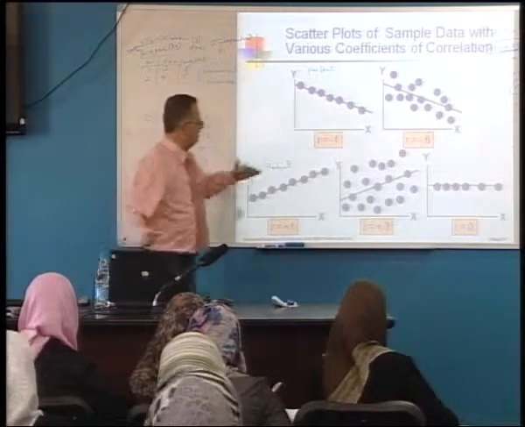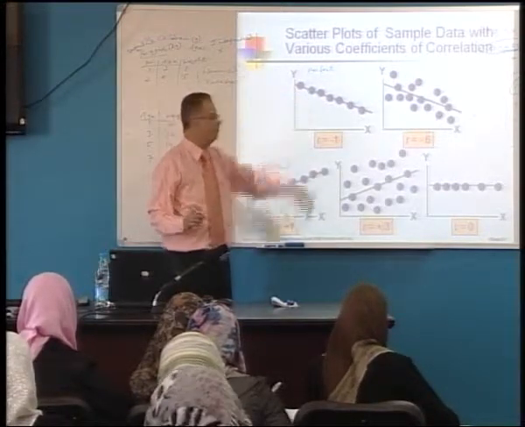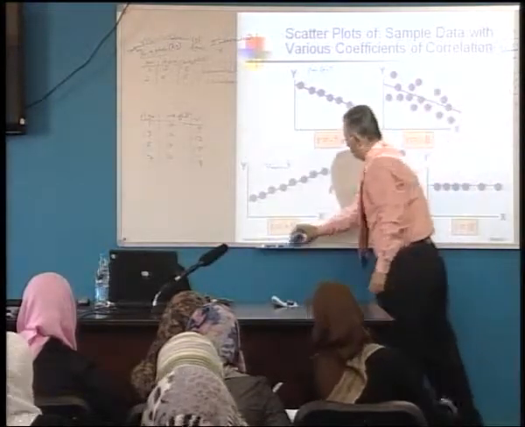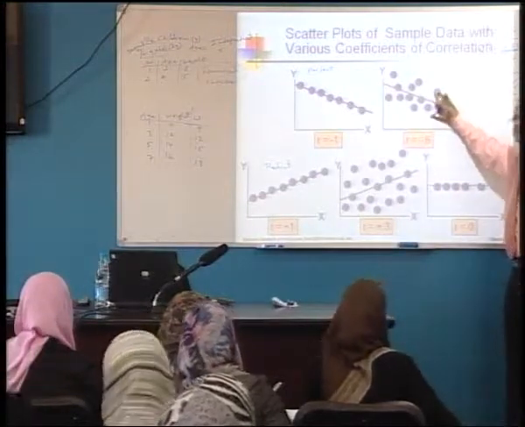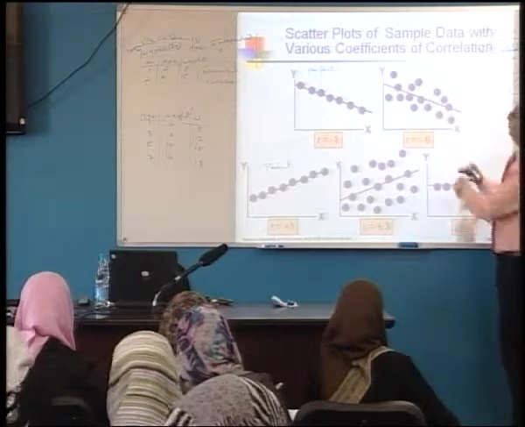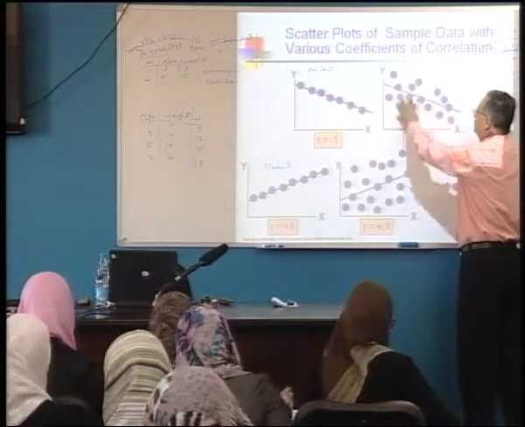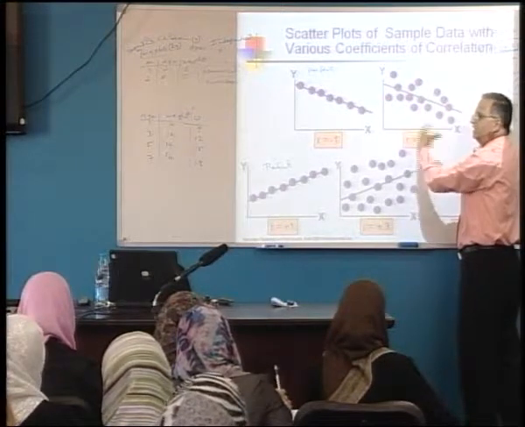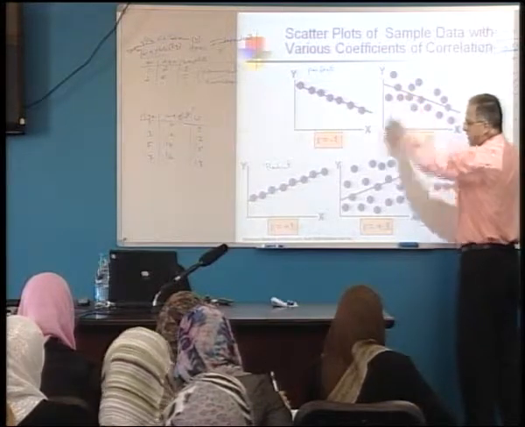So perfect means all points lie on the straight line. Otherwise, if the points are close, then we can say there exists a strong relationship. Here, if you look carefully at these points corresponding to this regression line, it looks not strong because some of the points are not close, so you can say there exists maybe a moderate negative relationship.